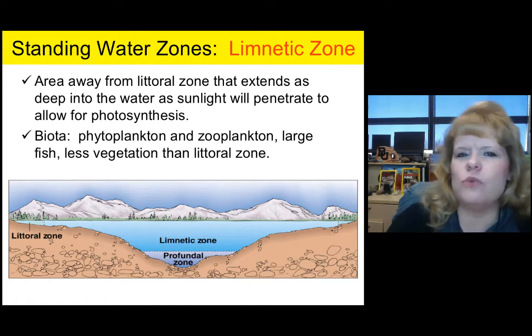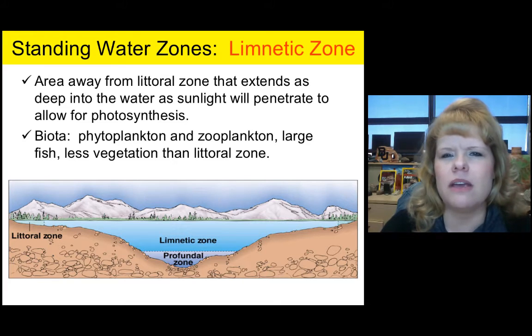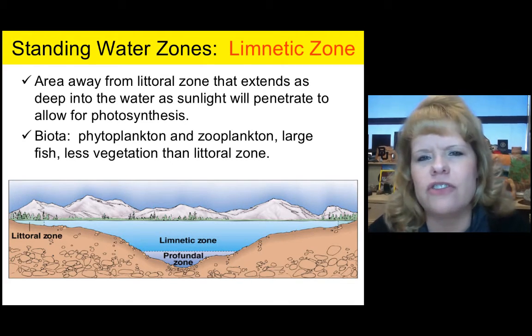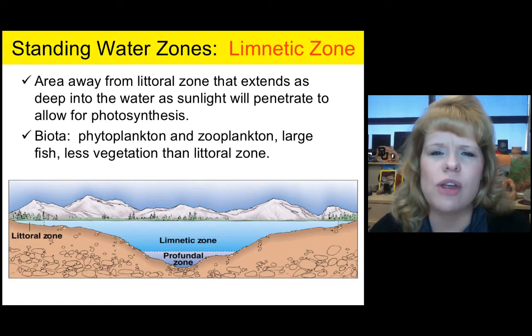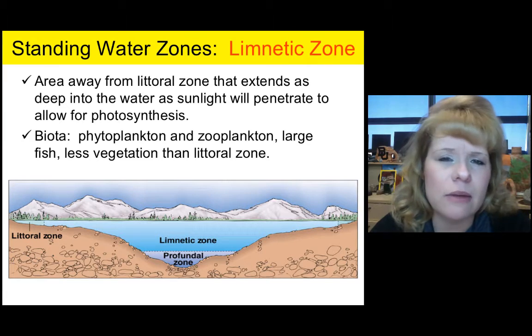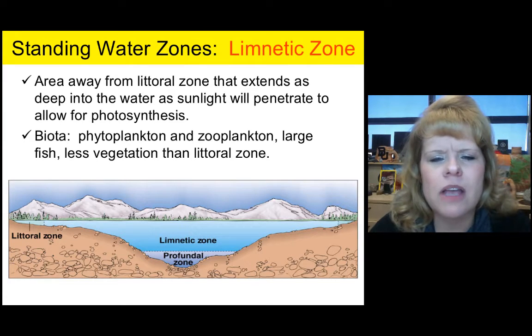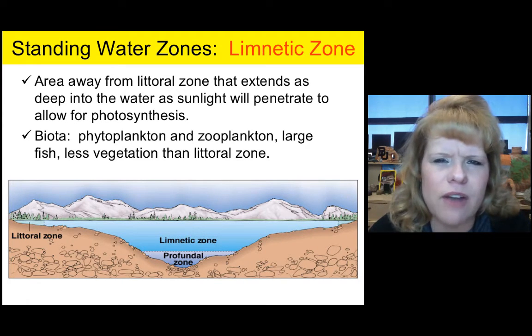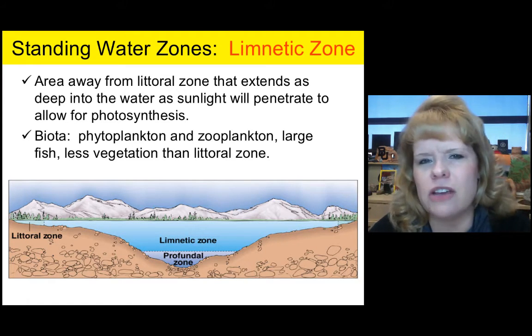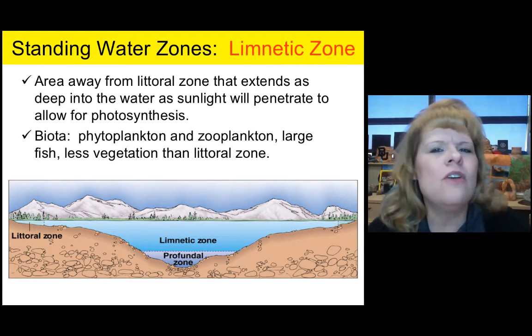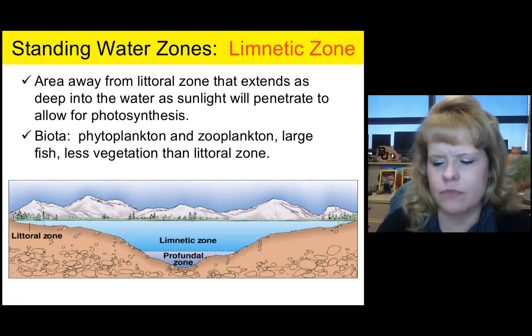In this section, you will have photosynthesis, so there'll be microscopic and even macroscopic vegetation that usually is free-floating that can allow for aquatic animals and plants to feed on. So you'll see zooplankton, very large fish. You'll see less rooted vegetation, but floating vegetation and floating zooplankton type food resources.